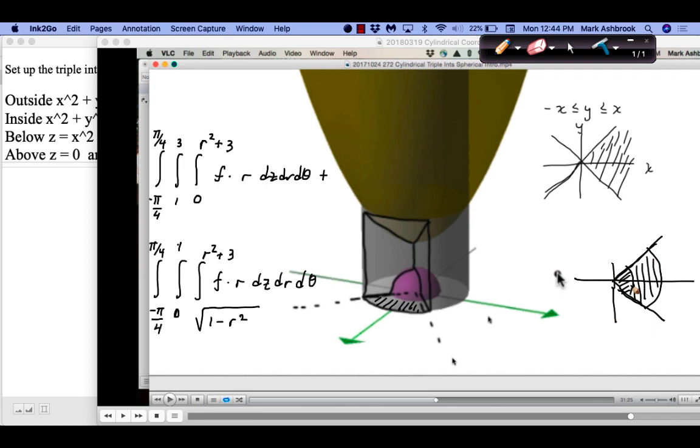So that's why for the sphere, we went from 0 to 1, negative pi over 4 to pi over 4. And then for the xy plane, z equals 0 up to there, that's over here, from 1 to 3. Does that make sense?